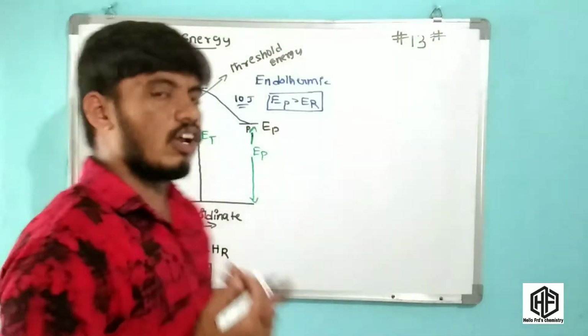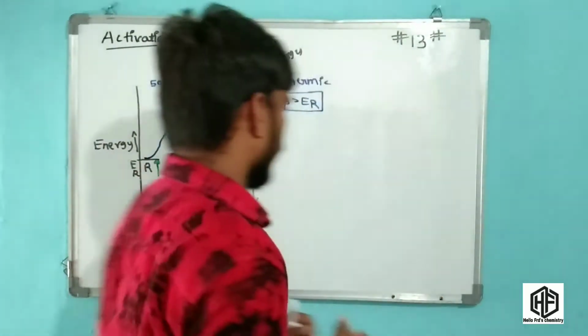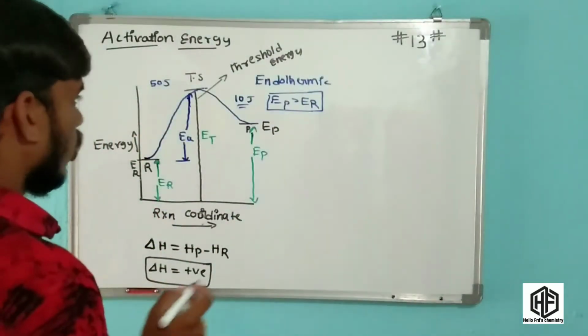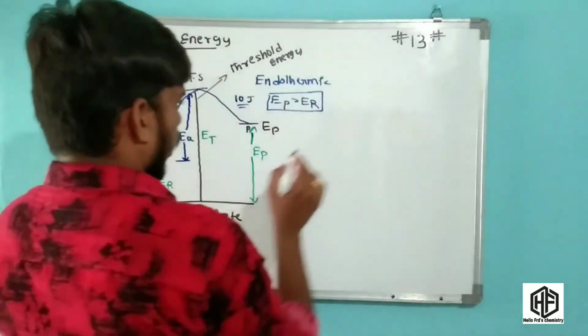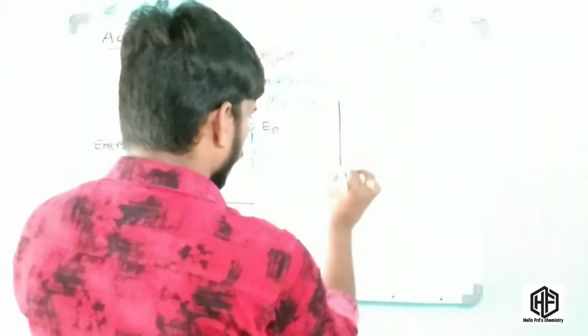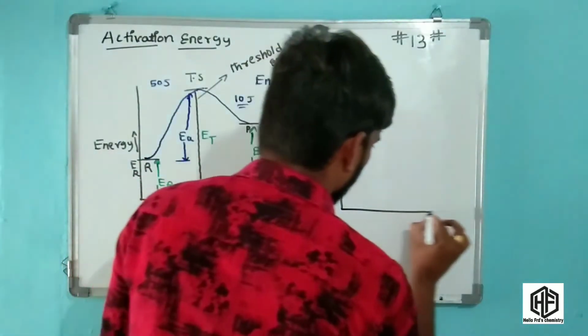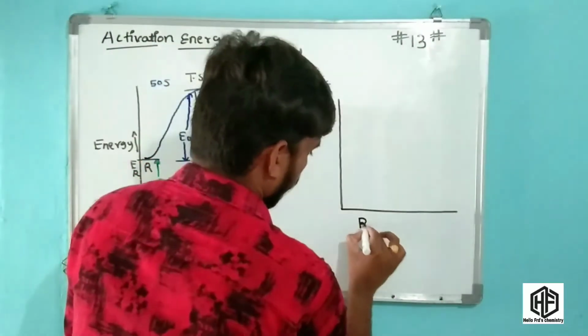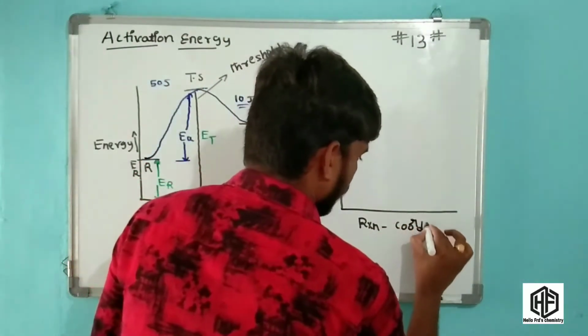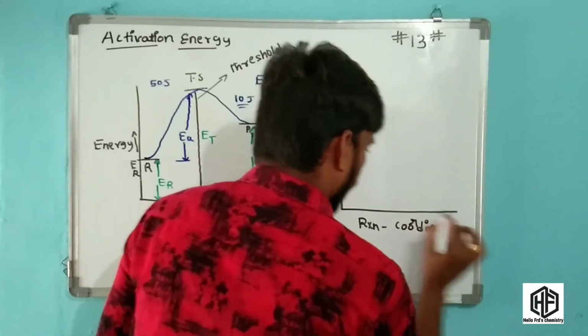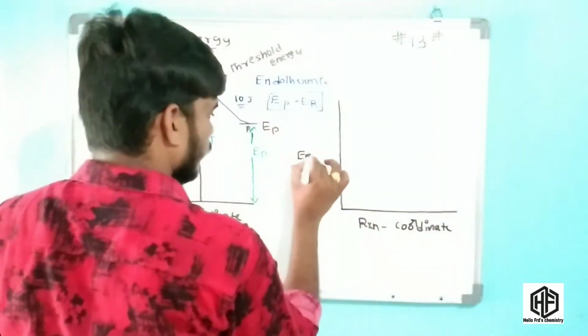Now, what is the graph representation of the exothermic reaction? Okay friends, for the exothermic reaction, the same diagram like this. This is the reaction coordinate, and this is the energy.